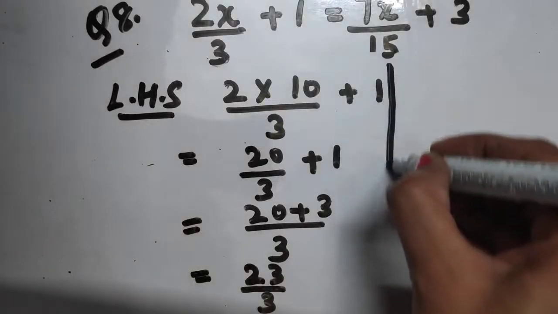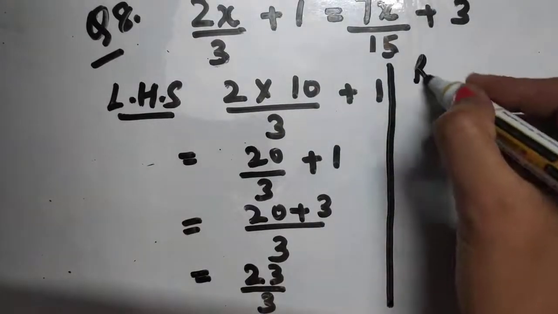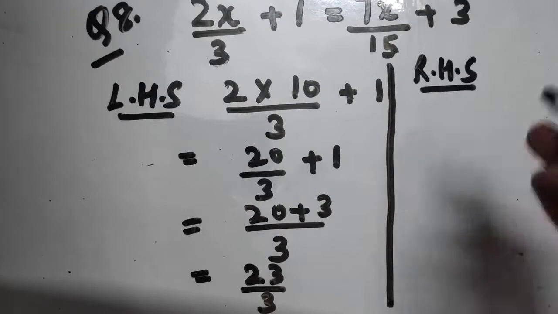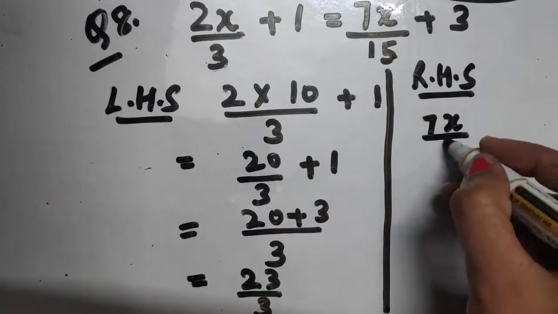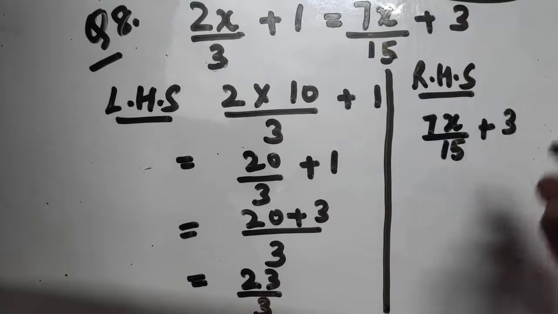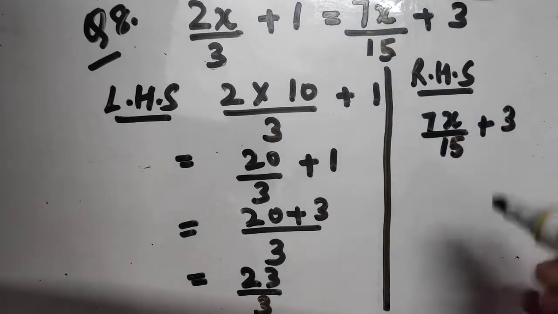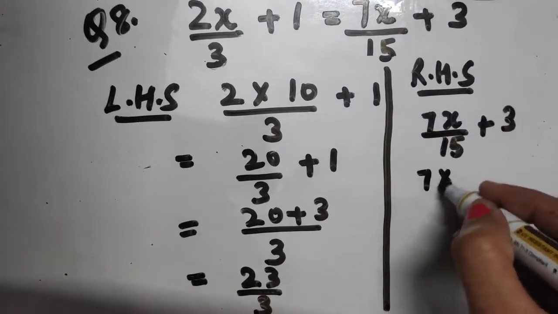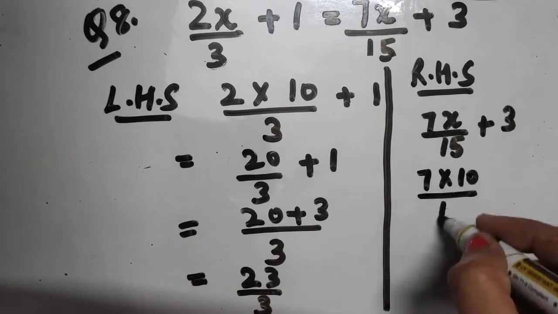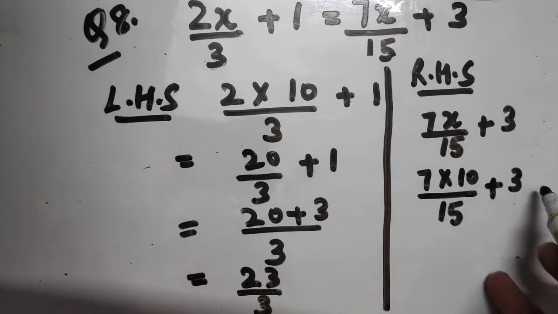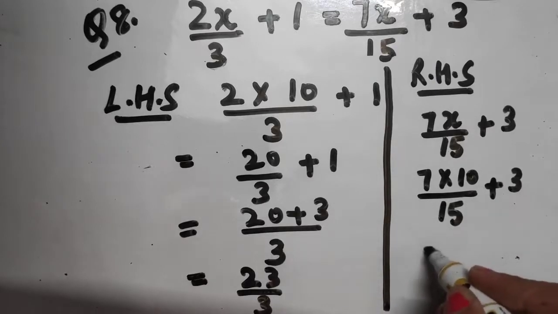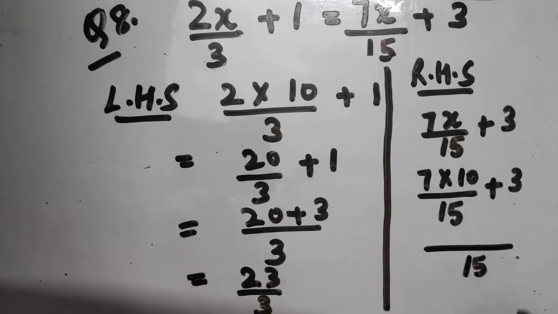I am solving the right hand side here. The right hand side is 7x/15 plus 3. I am putting x as 10. So it will be 7 into 10 divided by 15 plus 3. So 70/15 plus 3. I am going to take the LCM. The LCM will be 15.